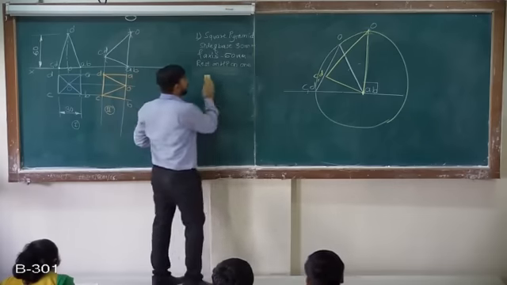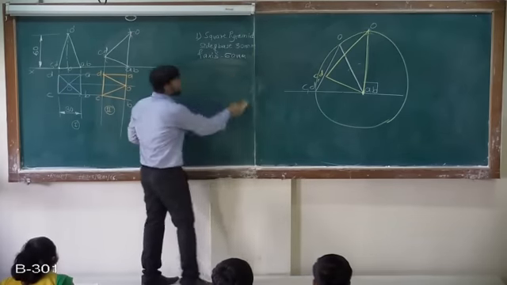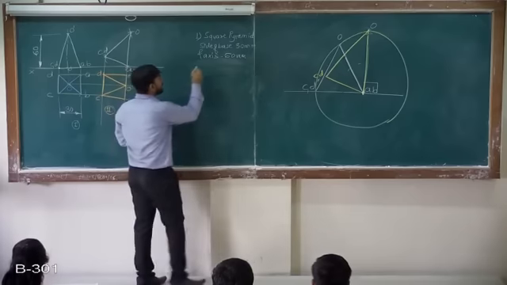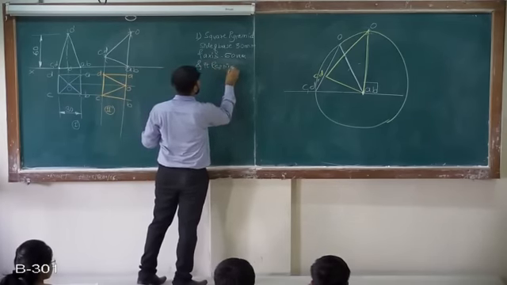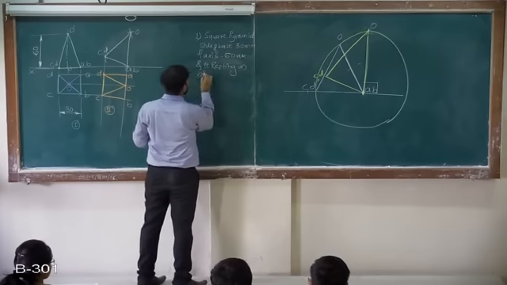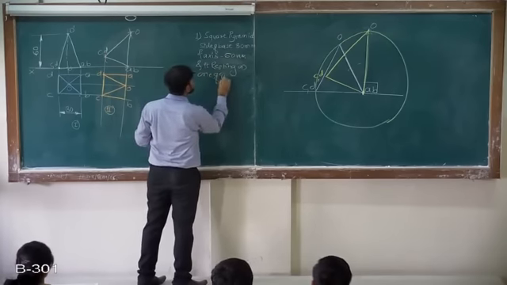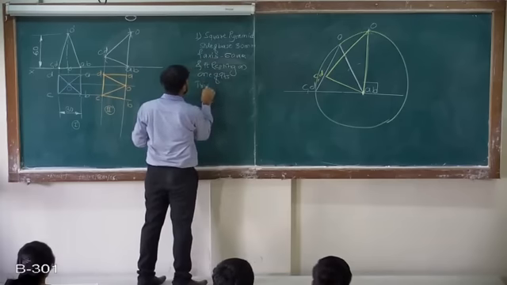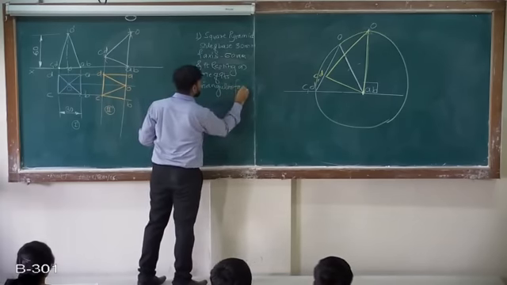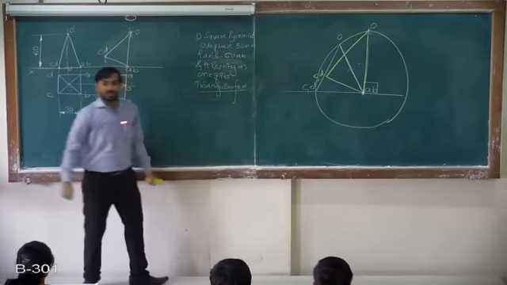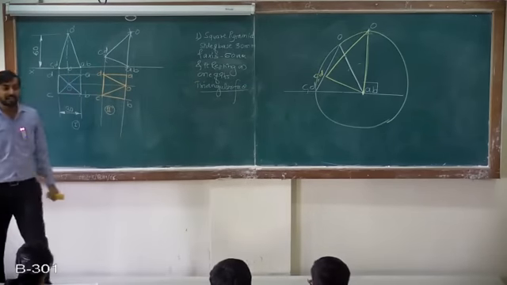Instead of it, they'll directly say axis 60 mm and it resting on one of its triangular face. So it is resting on one of its triangular face.